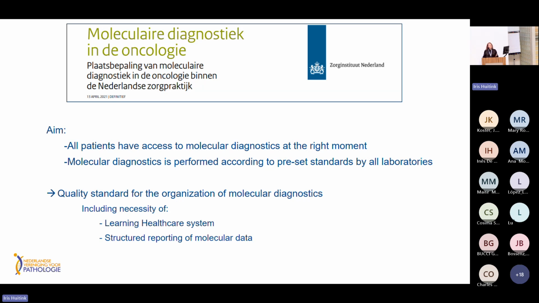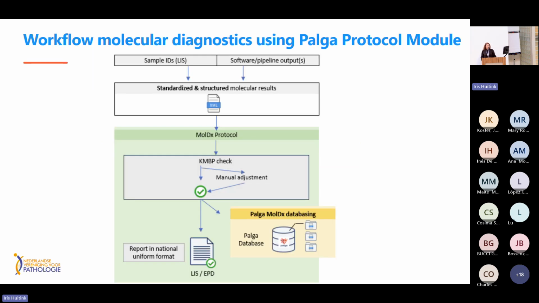And for us to be able to get to that self-learning healthcare system, we need to have structured pathology data. So that was something that we aimed for arranging in the next 3 years. Actually, that started in 24, so I think in next year or so we should have it completed. So this is the structure that we came up with, a very basic scheme.